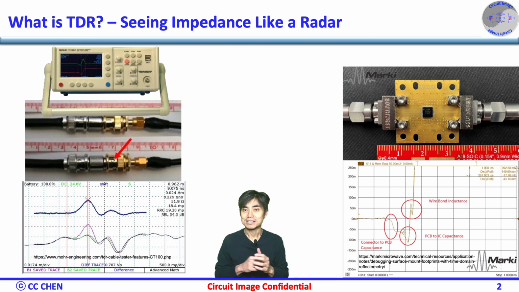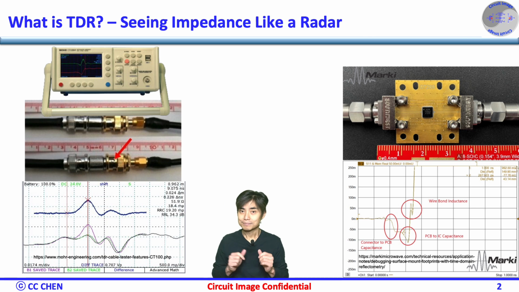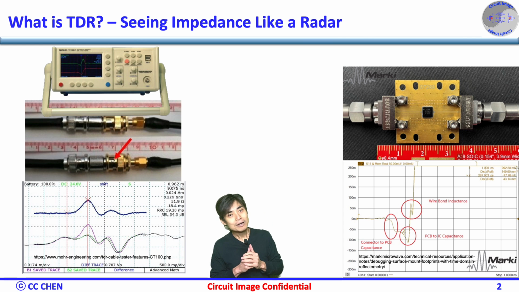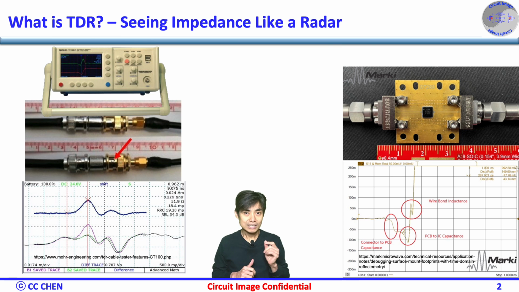Unlike S parameters, TDR gives a spatial view, not just a frequency domain response. It tells where the signal is disrupted, not just how much energy is lost. Think of it as an MRI for signal integrity, scanning deeply into your design. With TDR, we see discontinuities, stubs, and impedance transitions directly.